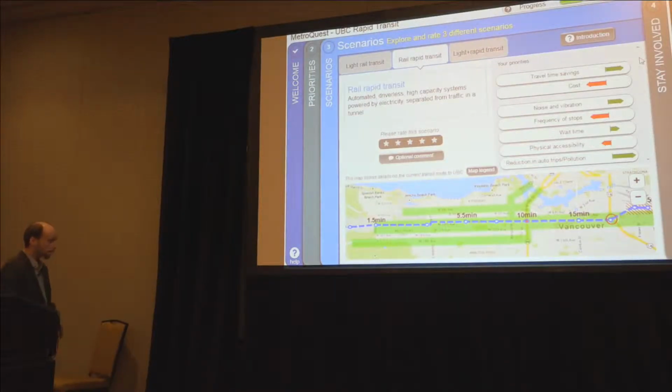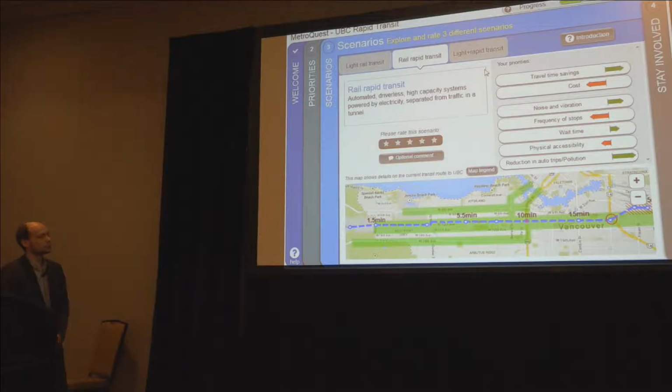Screen 3 allows the user to learn about each transit scenario using two different visualizations. First, on the right, a deviation chart shows a visual summary of the values of all the indicators. The prioritized indicators selected during Screen 2 are displayed at the top. A green arrow indicates that travel time savings will be improved, whereas the red arrow indicates that cost will get worse.